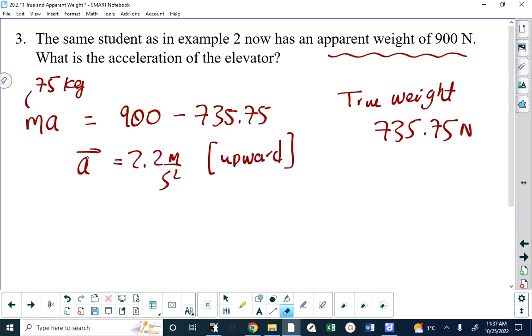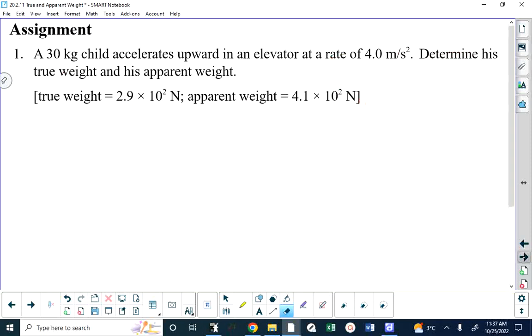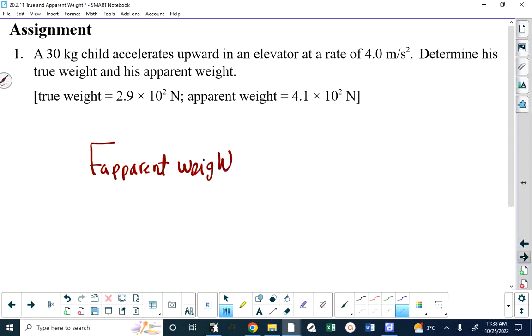That's the last question. Yes? When we first started applying Newton's second law, we did it to vertical motion. That's all this is. But you need to remember, apparent weight is always the applied force upward.